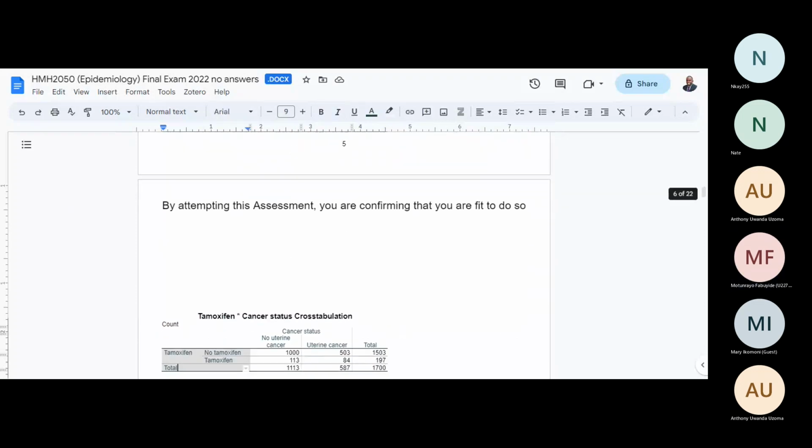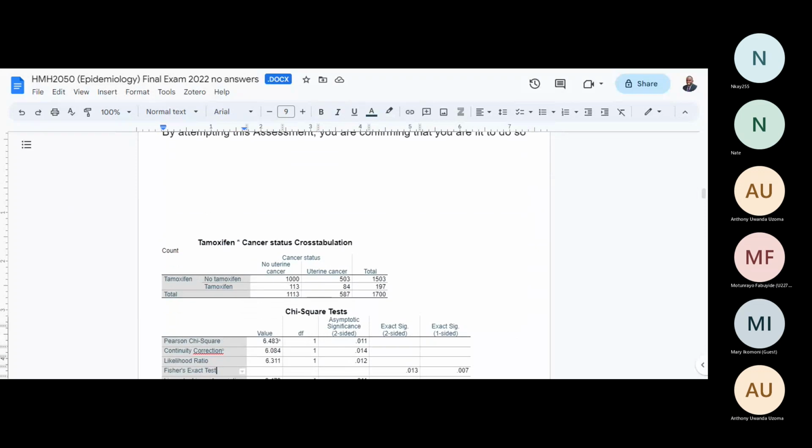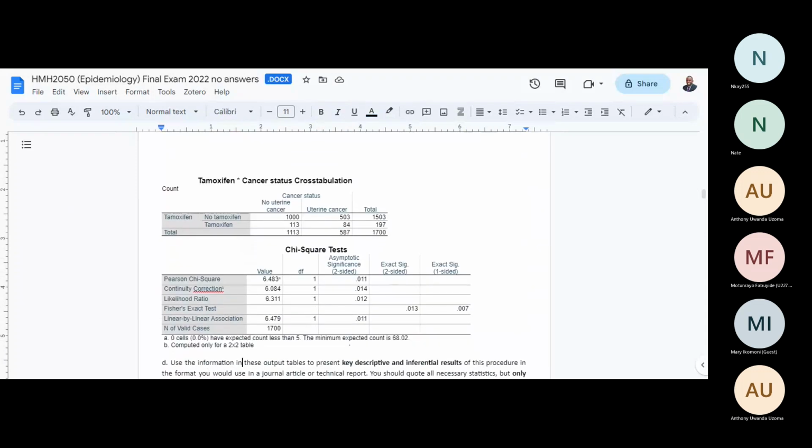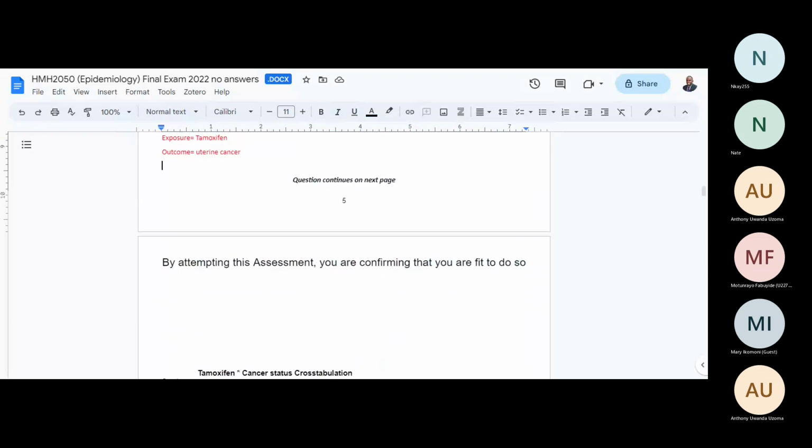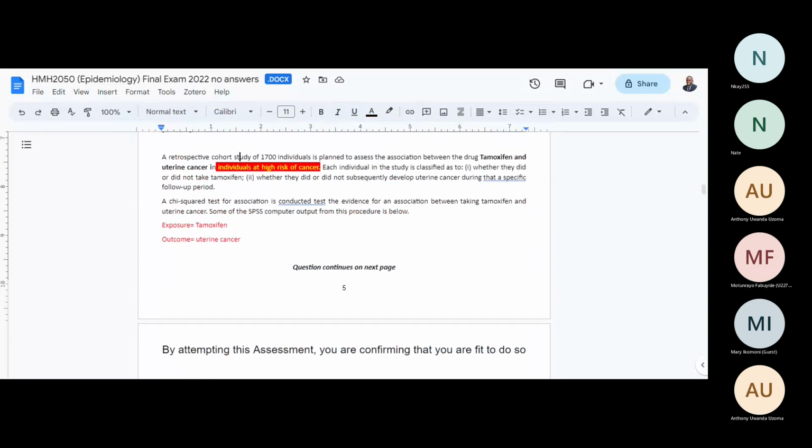As you're looking at these results, your eye should be on your 2x2 table. Remember how our table normally looks. Here they said the chi-square test of association. If you look at this word, this is a what?